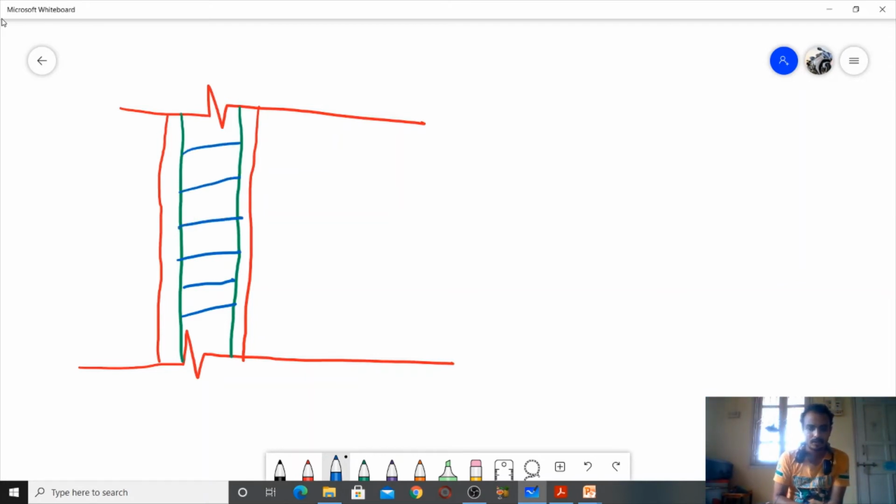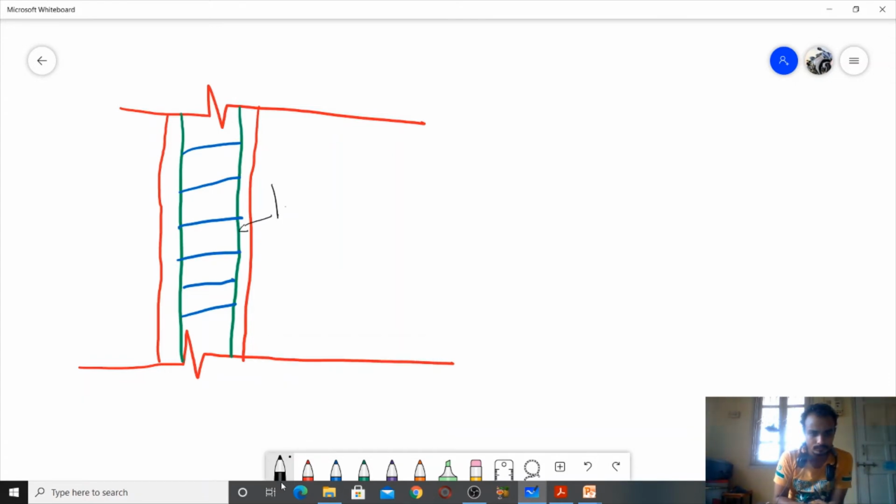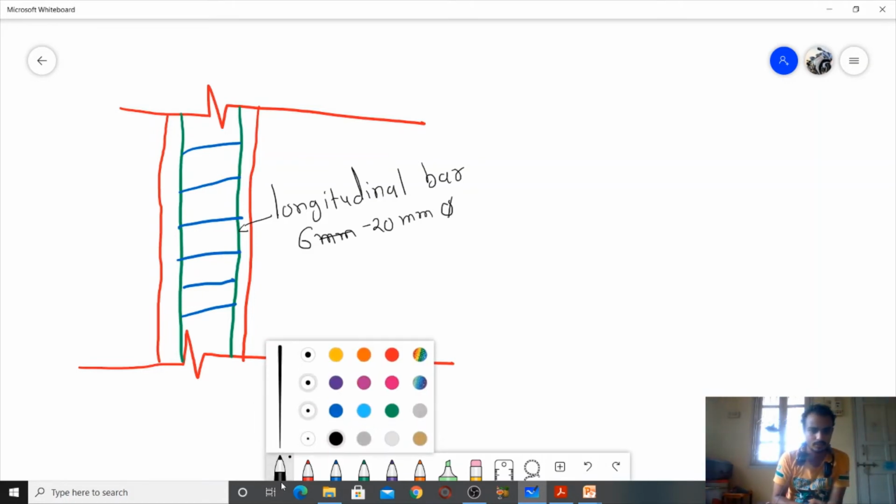Okay, now write down: longitudinal bar 6 of 20 mm dia. Okay, it's too small.